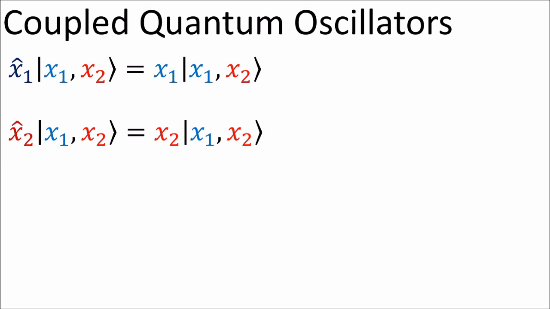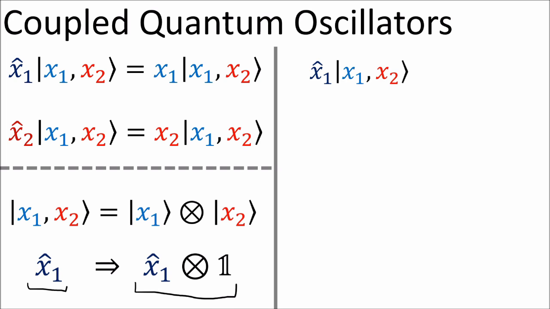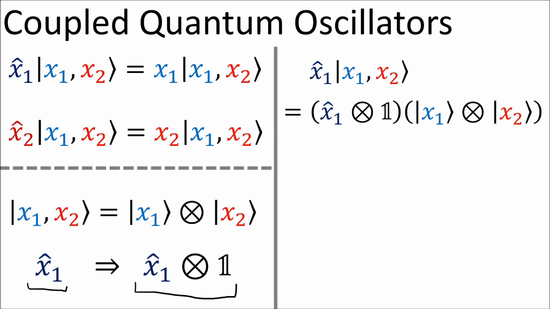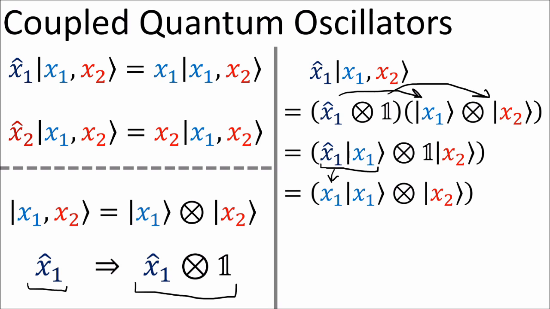To be technically correct, x1 hat is actually a position operator tensored with an identity operator. When this acts on the combined position eigenstate, the position operator acts on the first oscillator state, and the identity operator acts on the second oscillator state. The position operator returns the position eigenvalue, and the identity operator leaves the state unchanged.